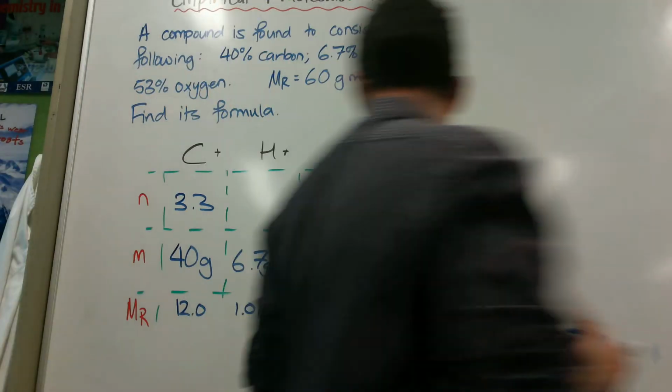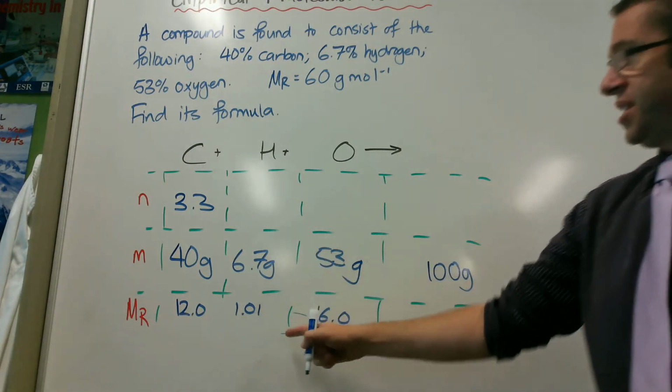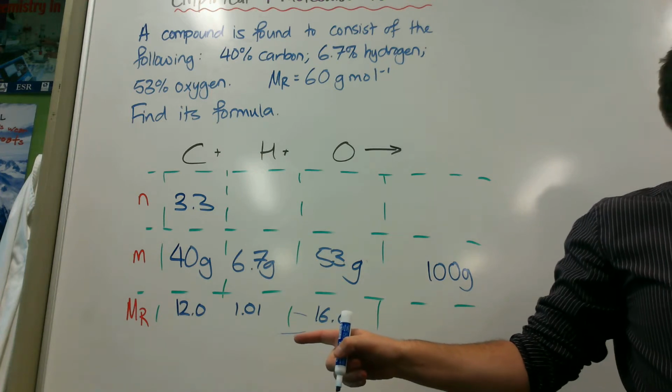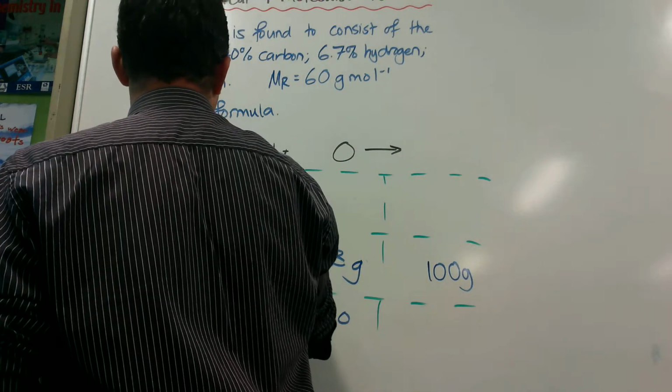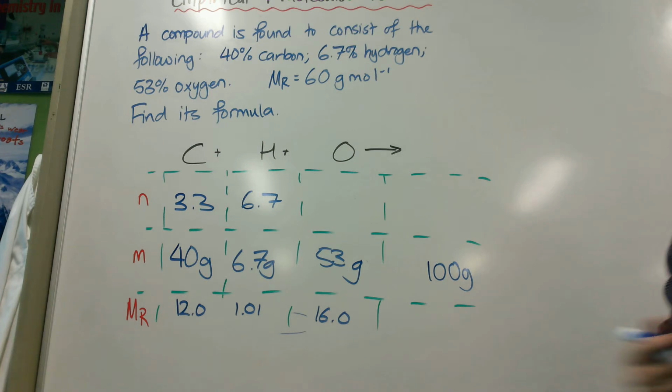So 3.3, 6.7 divided by 1, I think I can work that one out, 6.7. And 53 divided by 16 gives me 3.3125, so 3.3 as well.